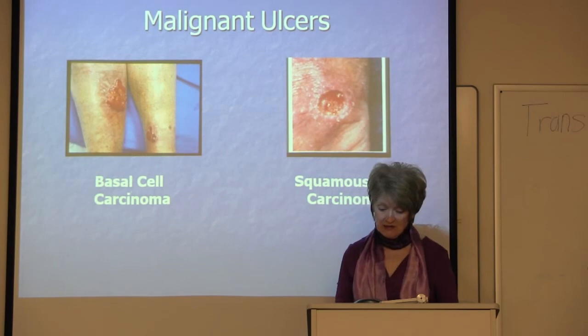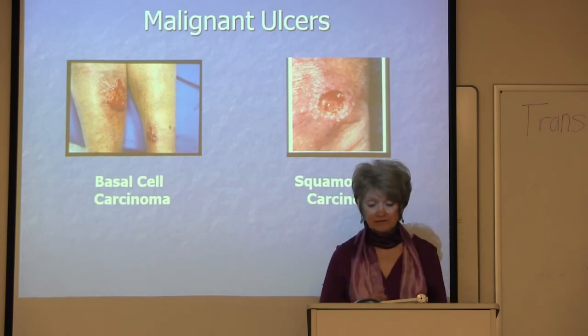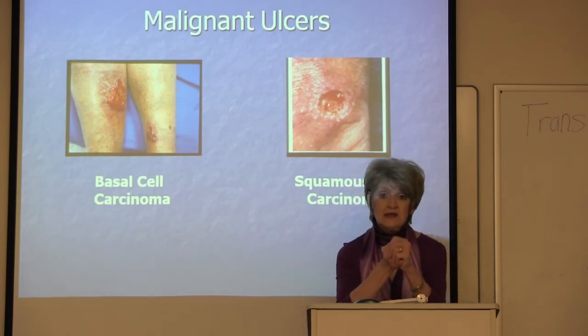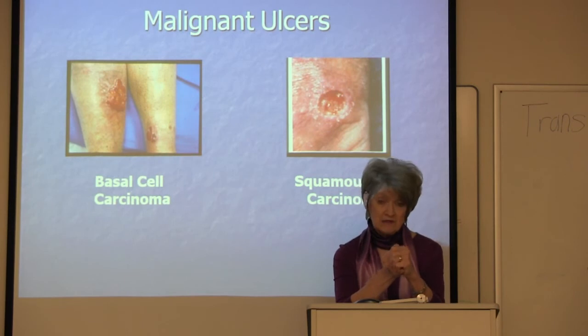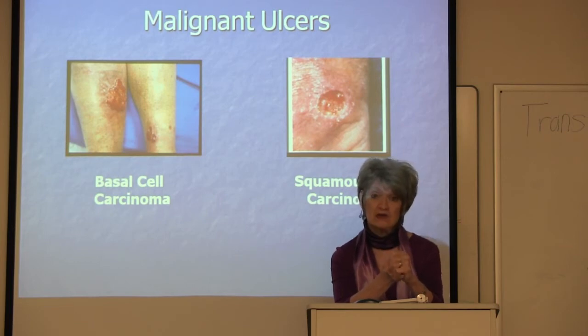The basal cell carcinoma is easily identified through a biopsy. So when you see an ulcer and you think, well, it looks like hypertrophic granulation tissue, but I've treated it twice and it keeps coming back, I need to rule out basal cell carcinoma. Absolutely. Get a biopsy.